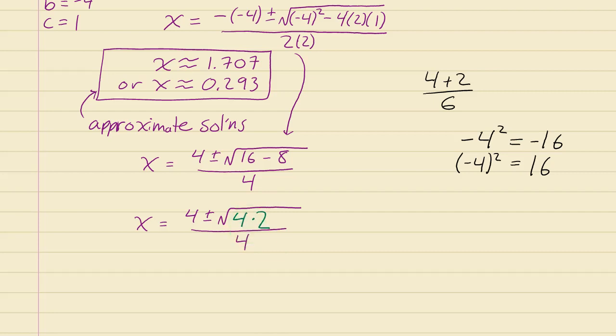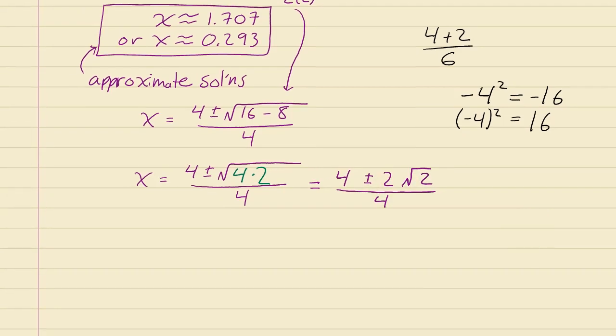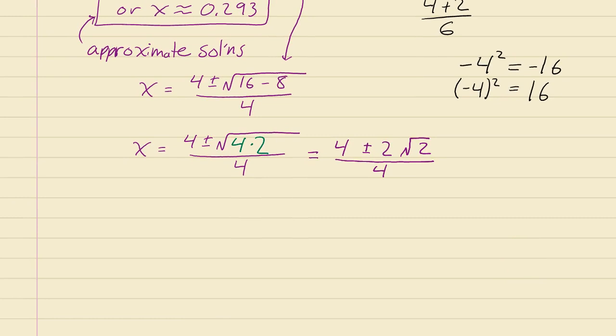And so the square root of 4 is 2, so you can write this as 4 plus or minus 2 times the square root of 2 divided by 4. And you could reduce this if you want by factoring a 2 out from the top. Write the top as 2 times something. It can be 2 plus or minus the square root of 2.